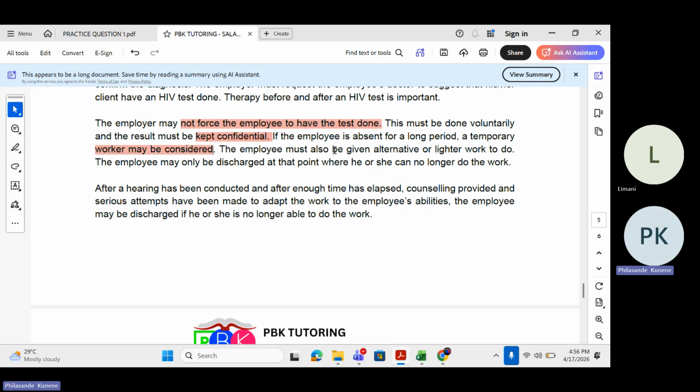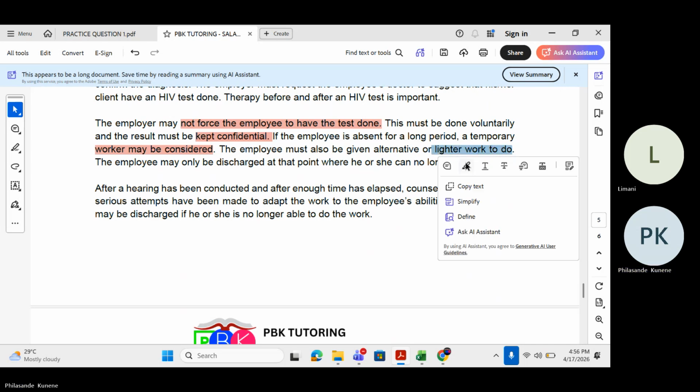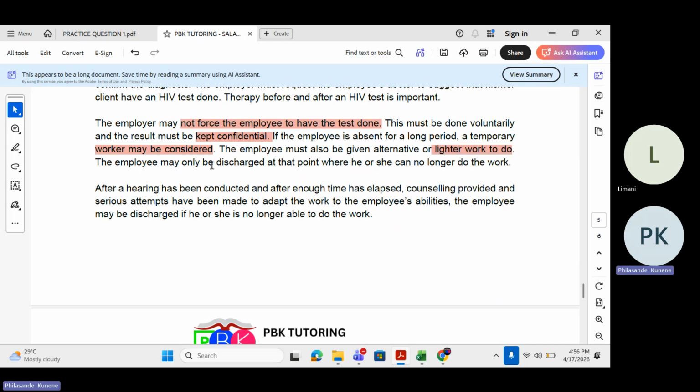The employee must also be given alternative or lighter work to do, right? The employee may only be discharged at that point where he or she can no longer do the work. You see, if you can still do the work, even though you get tired very easily, or maybe you're unable to spend long hours doing the work, they must try and find something lighter for you and say, okay, fine, do this work.